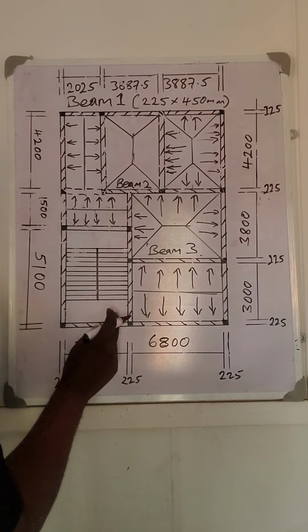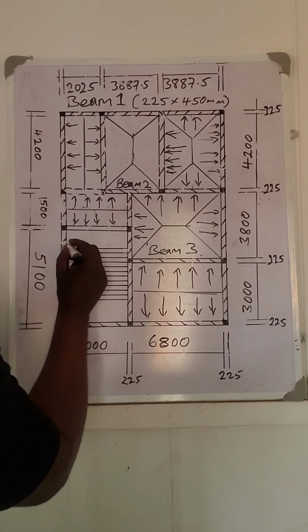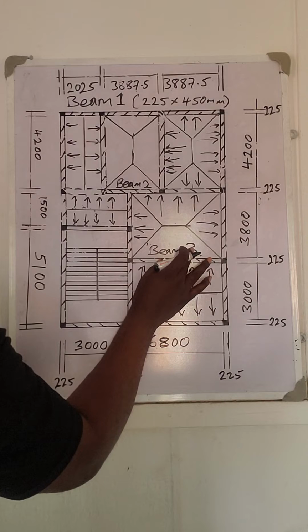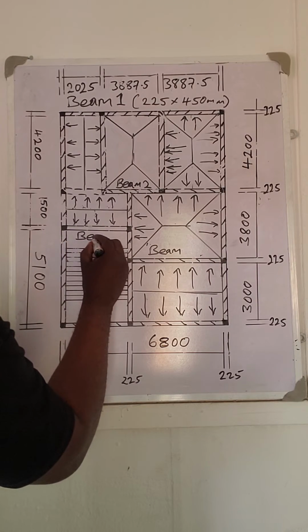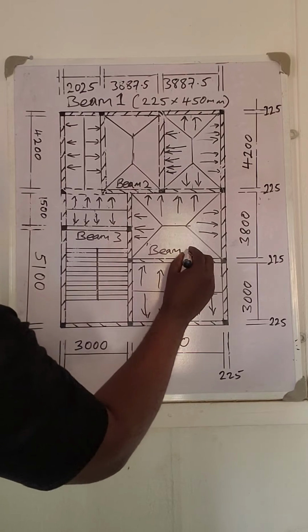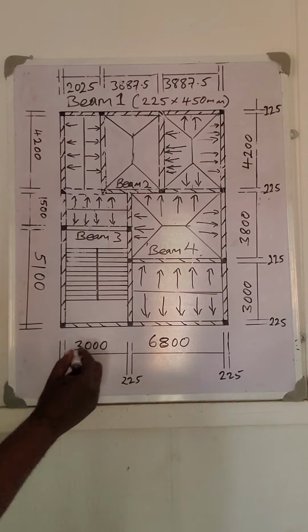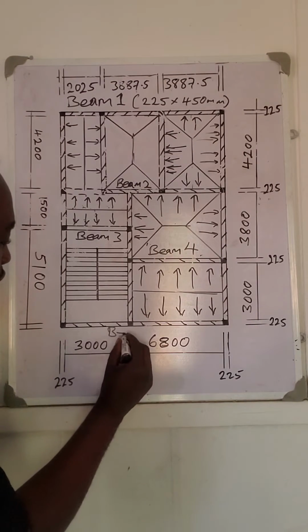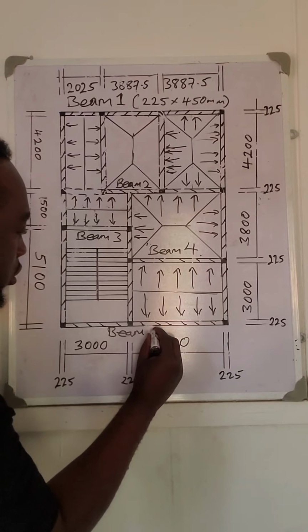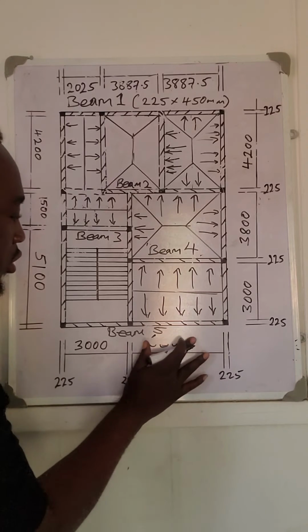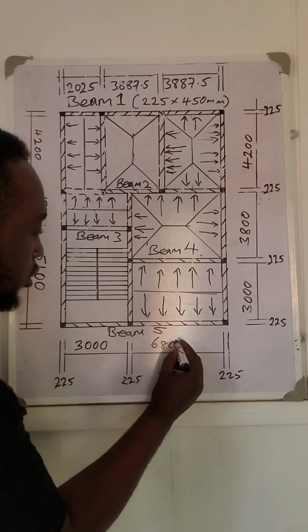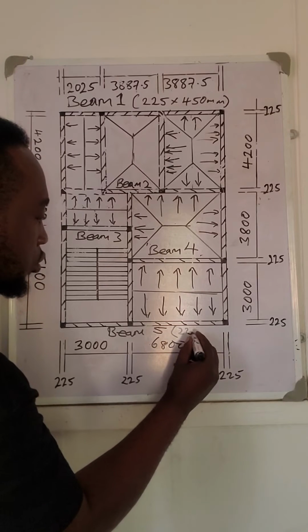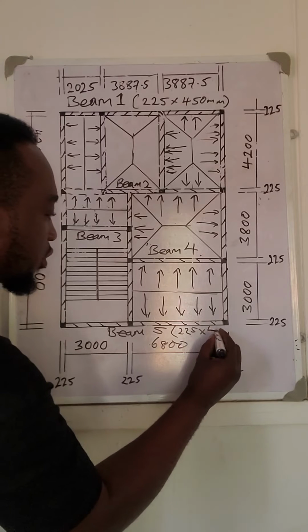Then we call this one beam 4, and this one beam 5. All of them are 225 by 450.